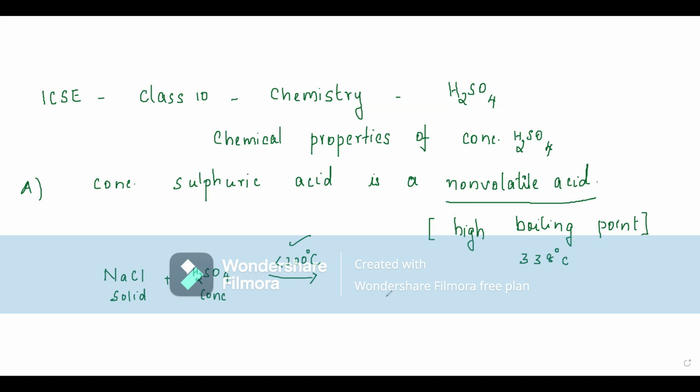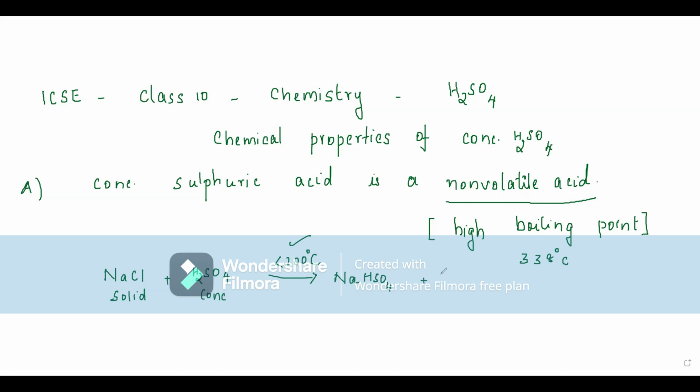Now, since sulphuric acid is a non-volatile acid, its vapors will not be formed. H2SO4 vapors will not interfere in the reaction. What you collect will be more or less pure HCl itself. More or less pure, because you may have moisture, which you have to remove.